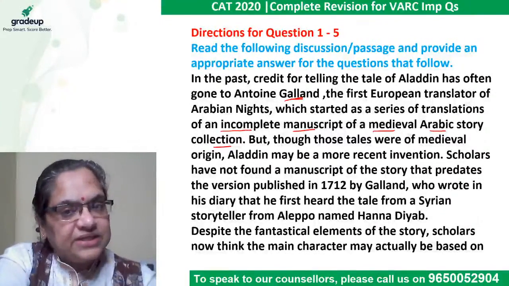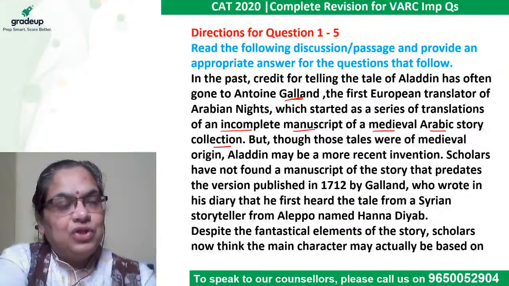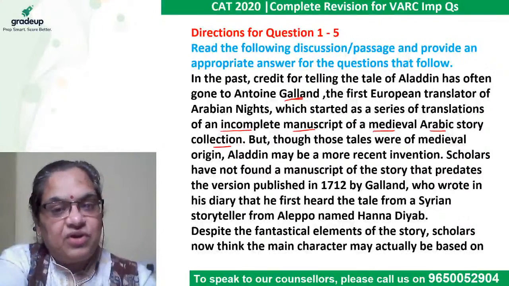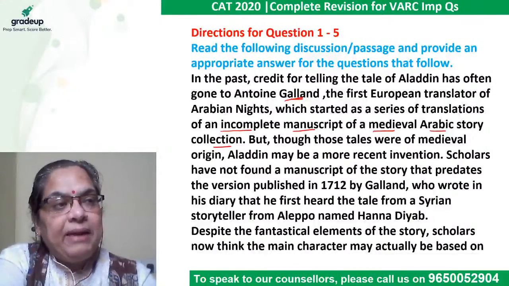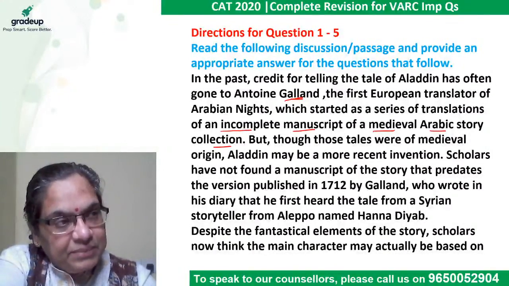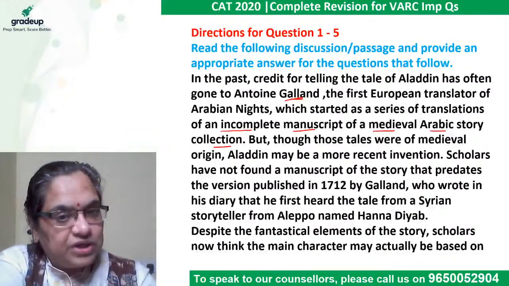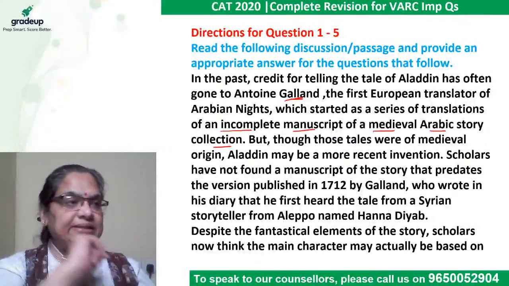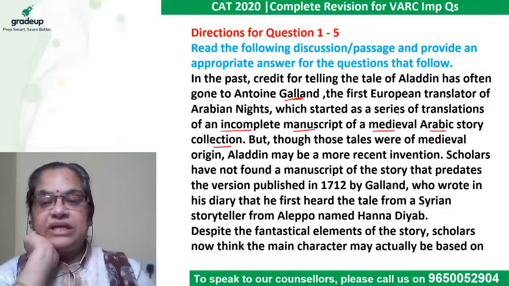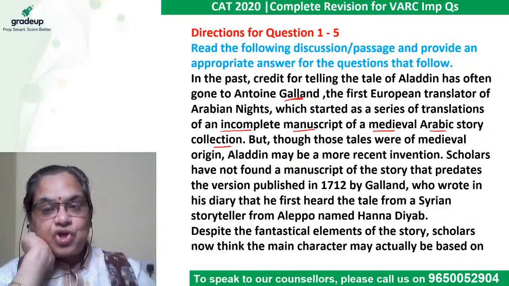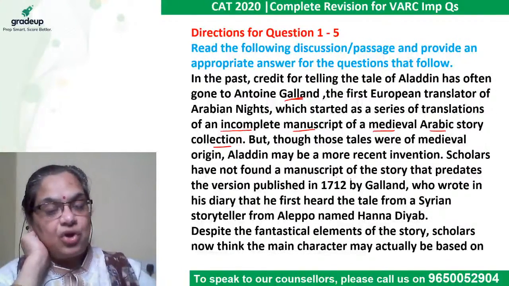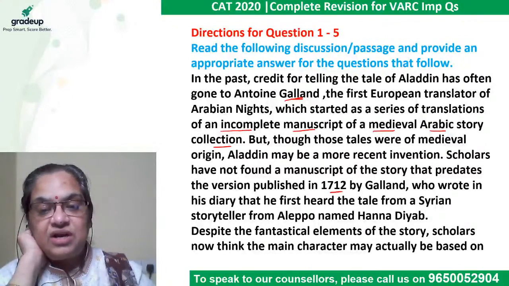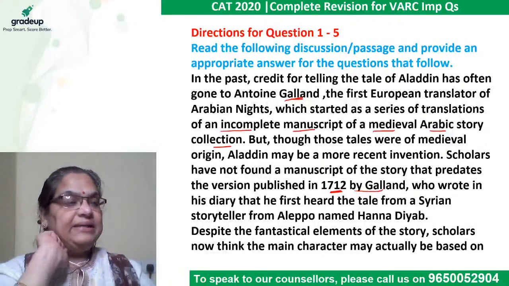But though these tales were of medieval origin, the Arabian Nights may be of medieval origin, but the character Aladdin may be a more recent invention. Scholars have not found a manuscript of the story that predates 1712 by Galland.